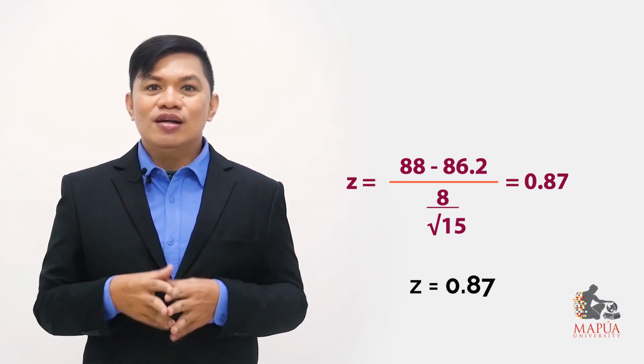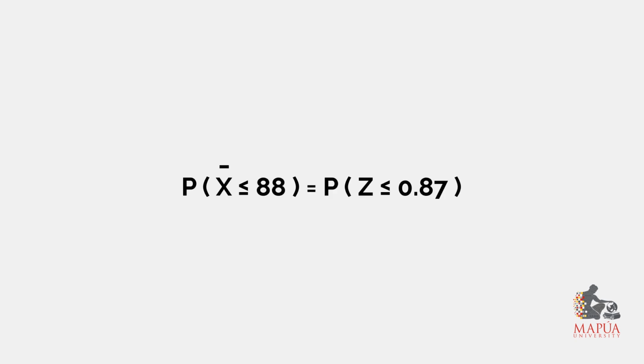So this time it's 0.87, and the original problem, where we are interested in the probability that x bar is less than or equal to 88, is now transformed into the probability that z is less than or equal to 0.87.